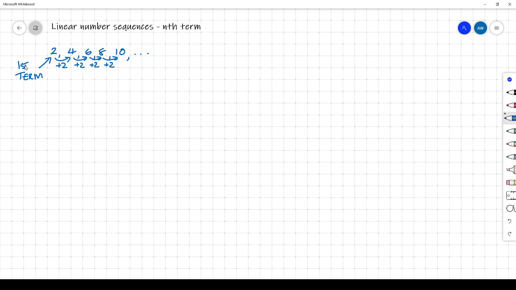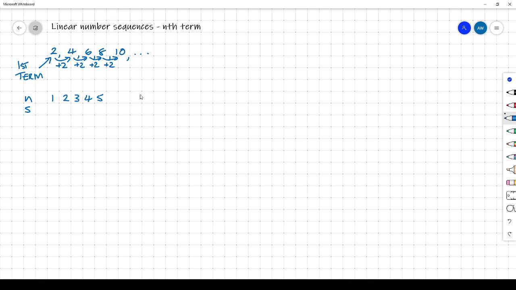So I was just talking about position there, first, second, third, fourth, fifth. So if we call the position number n and look at the first, second, third, fourth and fifth position and work out the sequence, we'll call it S, for a particular rule.